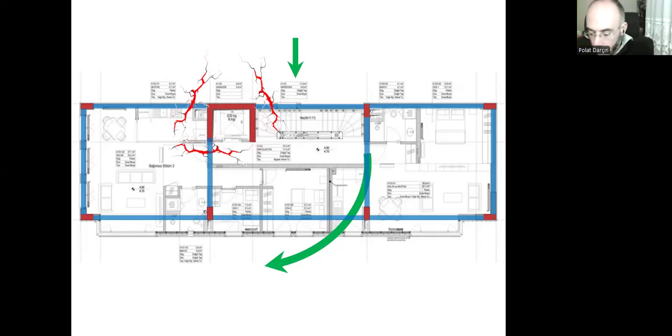When we create those gaps on the floor surface, we disturb the load distribution. So shear walls can help us make up for the gaps and for that disturbed distribution of the loads.